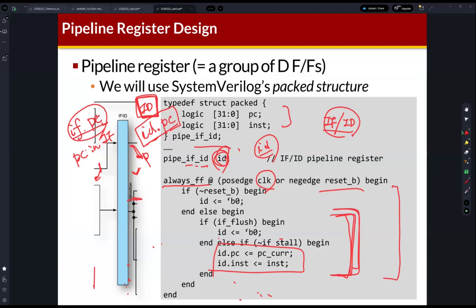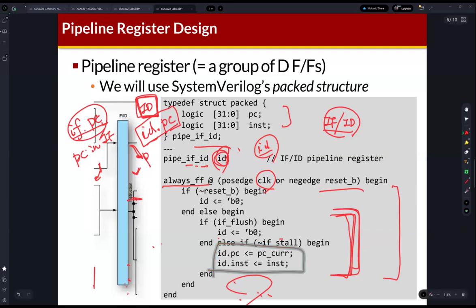So I do not define it. And if you see this statement, you can understand that if it's stalled, then the output is not changing. So we don't need to define any behavior for if the stall is true, right? So we can implement the pipeline register like this, okay?